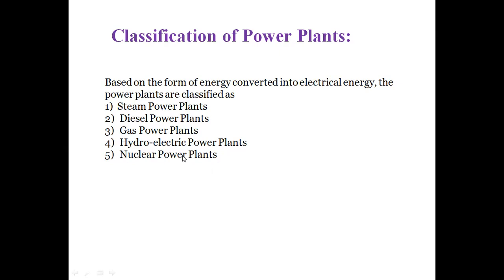In nuclear power plants, we use nuclear fuels such as uranium and polonium for the generation of heat energy. This heat energy is given to the turbine, and the turbine is coupled with the generator for the generation of electricity. So these are the various classifications of power plants.